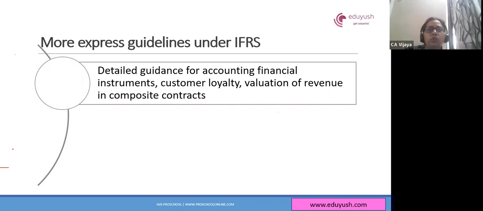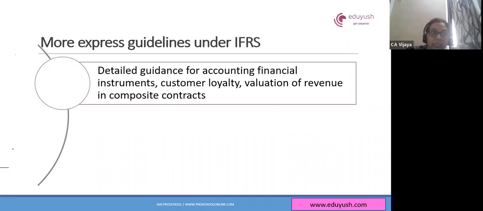Also, when you come to revenue, they have gone into so much in-depth analysis on various areas under revenue where there was a lot of wanting for information, and also there were a lot of loopholes on the existing standard because enough guidance was not there.